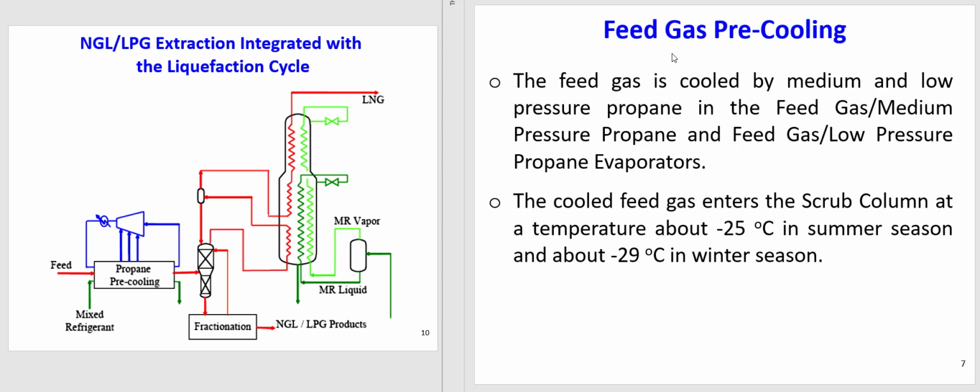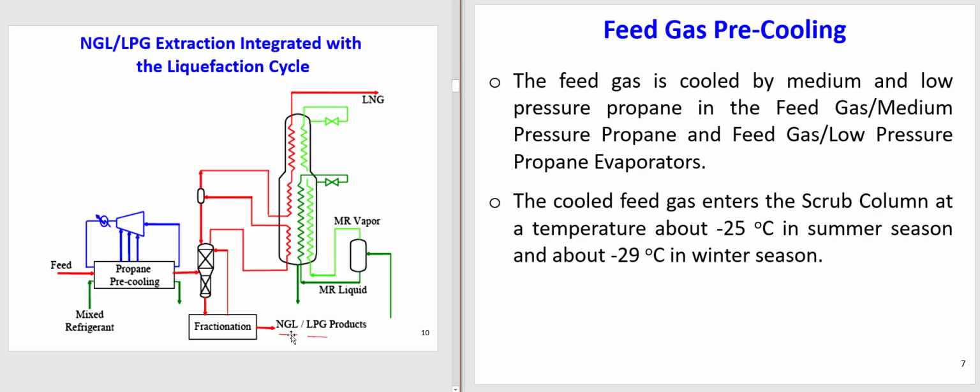So, the feed gas precooler. Let's now start from each of them and talk about each of them. This is the precooler. This is the scrubber column. You can see it in another slide that I showed you at the beginning of this video. This is where we get our NGL and LPG.